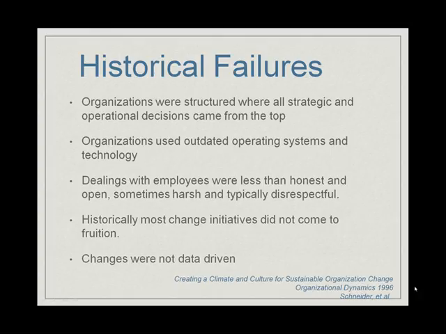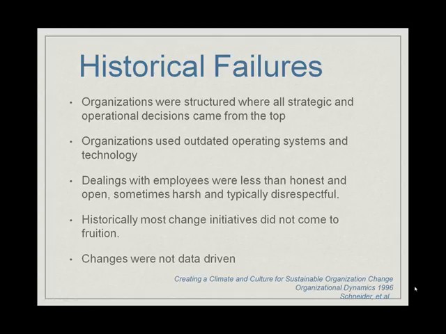There are several reasons that historical attempts at quality haven't been successful. In particular, organizations quite often were structured with all strategic and operational decisions coming from the top. This failed to capitalize on the benefits of utilizing individuals throughout the organization to solve problems.